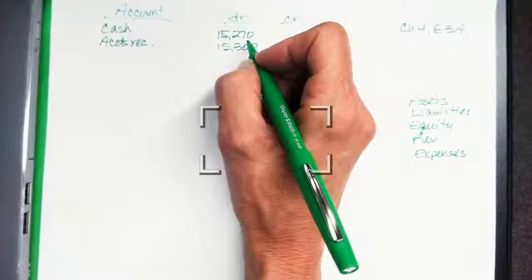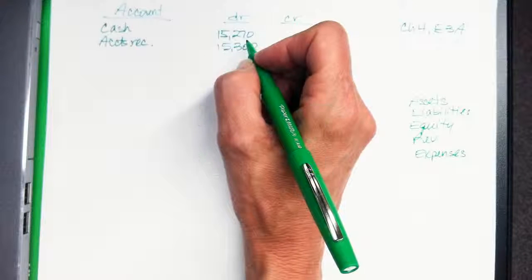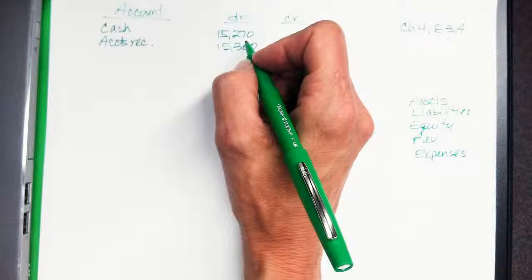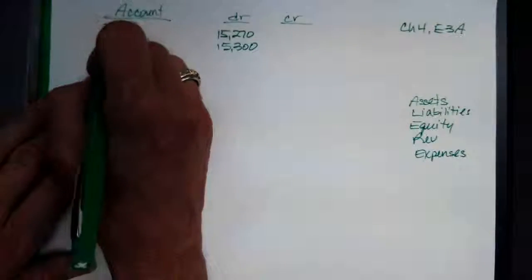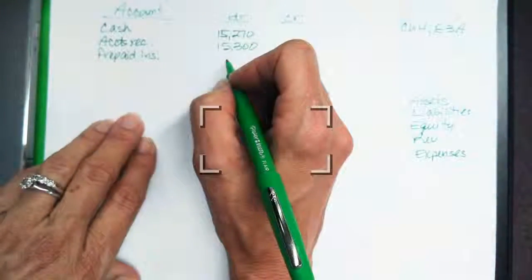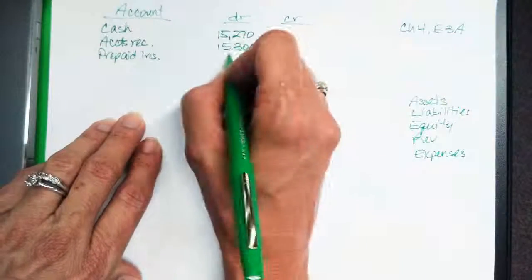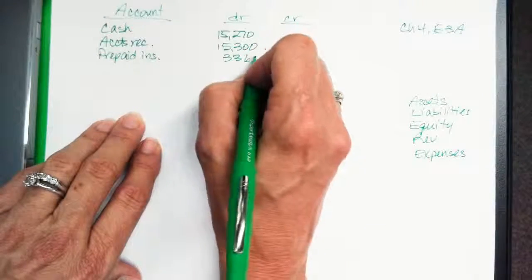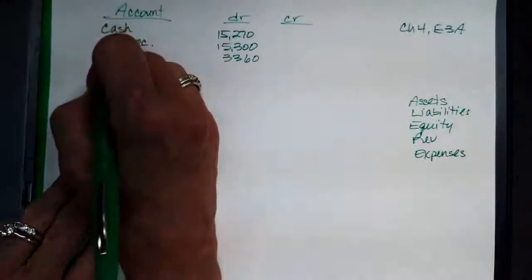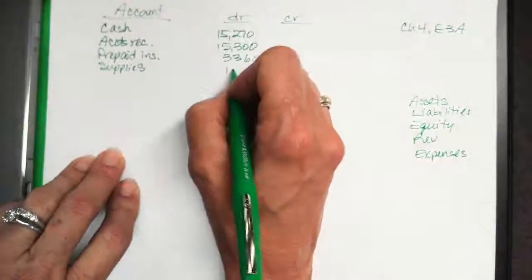Okay, cash is gone. Accounts receivable. I see prepaid insurance and supplies. Remember, prepaid insurance is an asset because you paid it, but it benefits you into the future. Supplies, 1650.